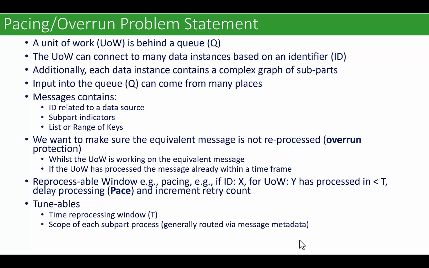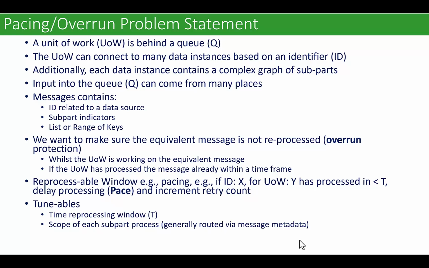And combined with overrun protection, that is the ability to detect whether or not we're working on something right now that we have a message for, or that it's already been processed. The third thing is, well, it's been processed, but in the time window. And that process of delaying the processing to do the update later so as to optimize the number of times an expensive unit of work runs against a particular subgraph for an ID, or a set of IDs is even more typical.